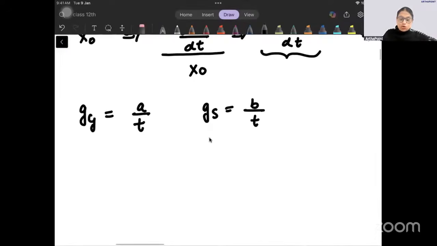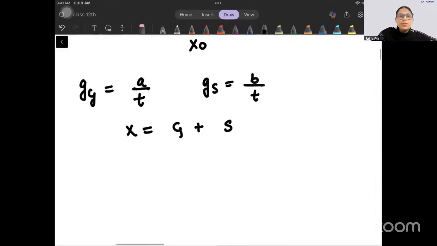Now it is asking you what is the growth rate of export as a whole. So export will be export of good plus services.